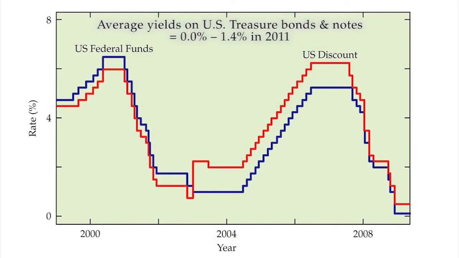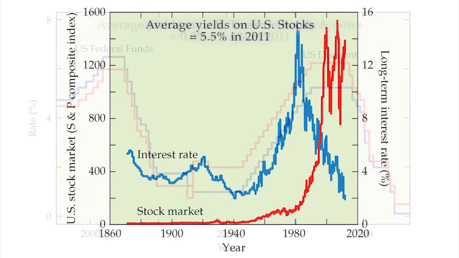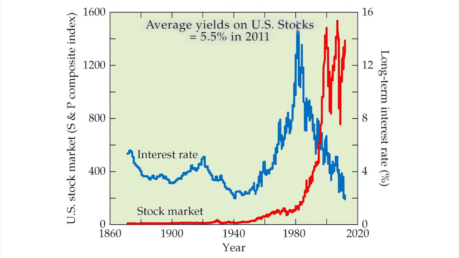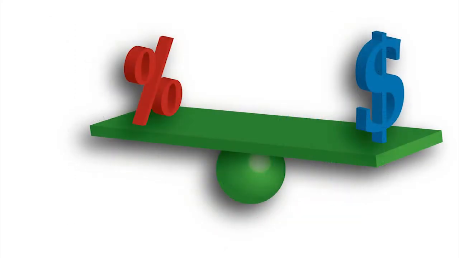Yields on U.S. Treasury bonds and notes were between 0 and 1.4% in 2011, and average yields on U.S. stocks were 5.5%. Discount rates of 3 and 7% thus exceed the rates of return for bonds and stocks, respectively, and discourage the enactment of new government regulations. The Office of Management and Budget does admit, however, that smaller discount rates might be appropriate for environmental projects with long time horizons.